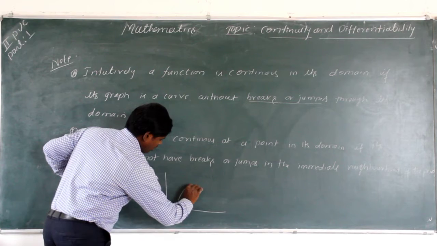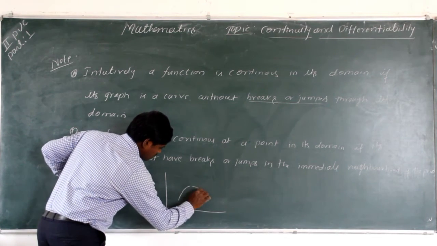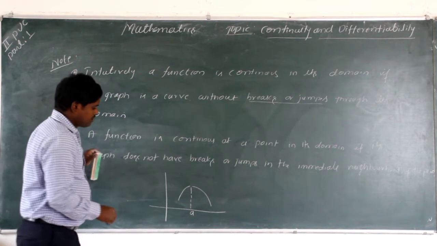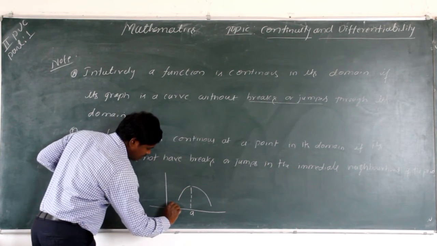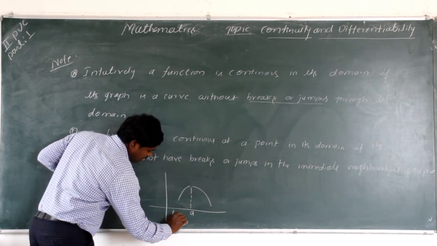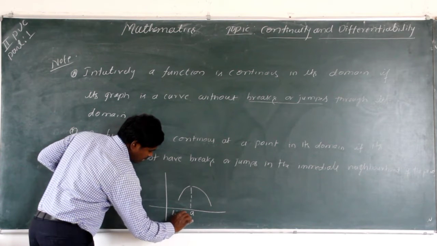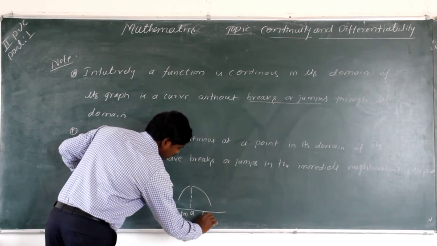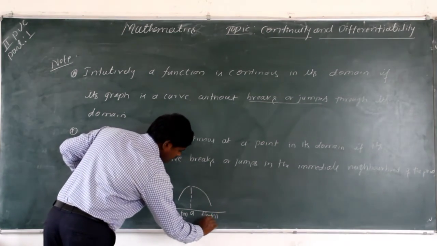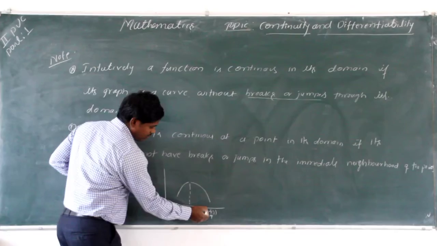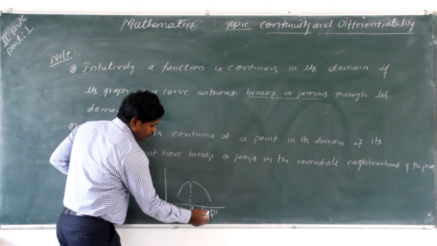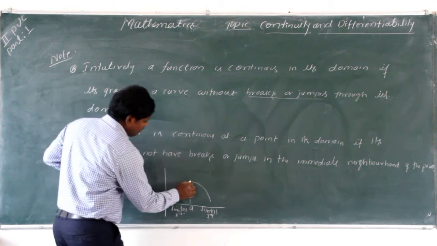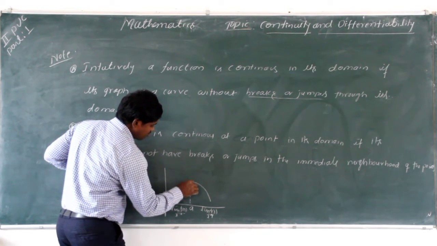Suppose here there is a graph, and suppose at x is equal to a. This is from the left side, so limit f of x as x tends to a minus. The function approaches a, and the value of f of x is also the same.